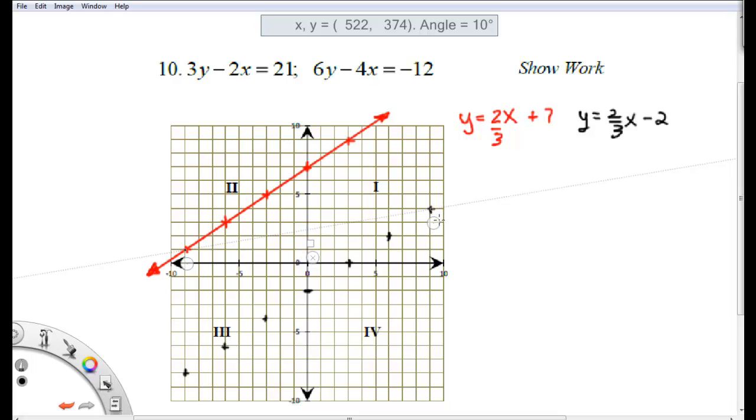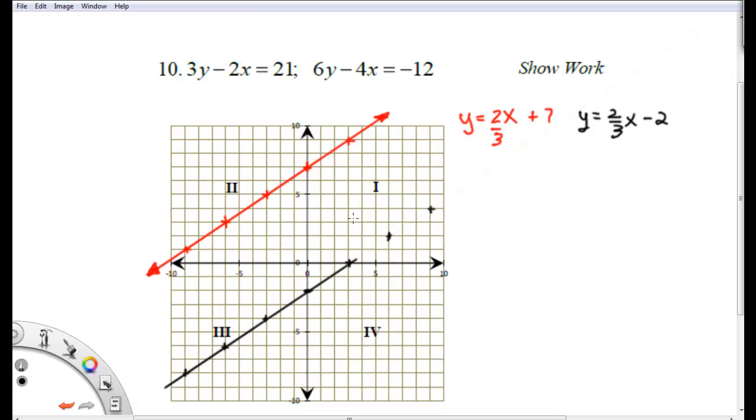And I think you can see that there's a problem here, isn't there? If you know a little bit about geometry, you'll realize that these lines are parallel lines. Parallel lines have the same slope.